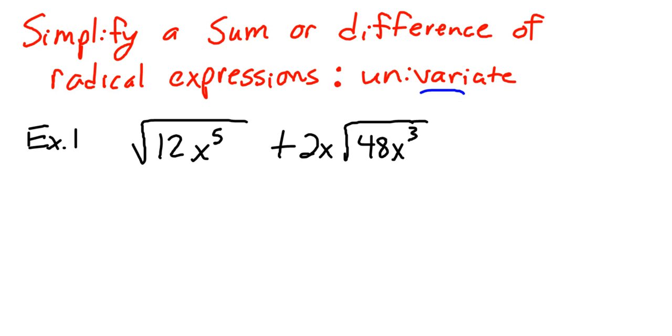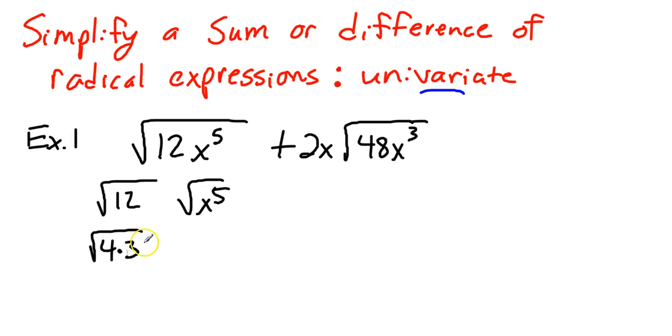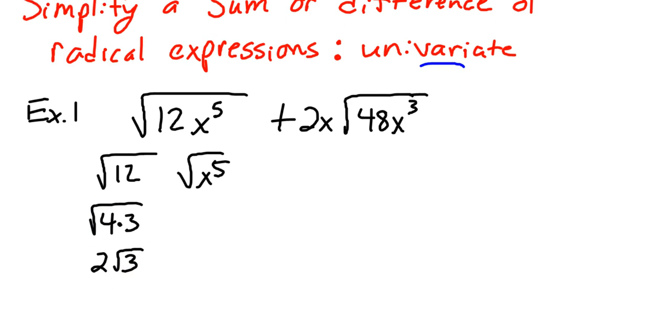Because you've got the 12 and the x to the 5th, you've got to think that's the square root of 12 and it's the square root of x to the 5th. You're going to take that one term you've got and simplify both parts and put it all back together. If you do square root of 12, you could do 6 times 2, but if you do 4 times 3, square root of 4, you've got a perfect square root, so make it 2 square root of 3.